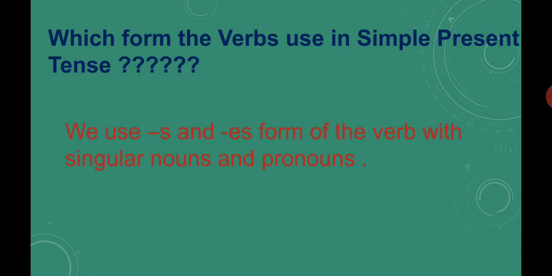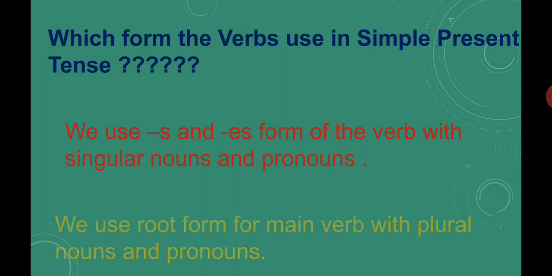Let's see. As we know, we use the S or ES form of the verb with singular nouns and pronouns. If the noun is in a singular form, then we add S or ES to the verb. And if the noun or pronoun is in a plural form, we write the root form of the verb, meaning base form, base verb or main verb, without any changes.